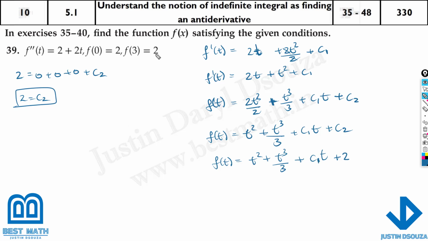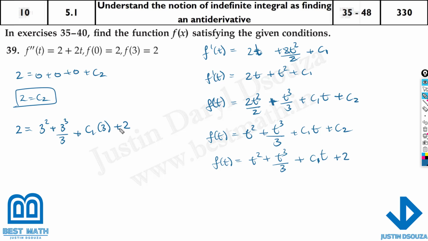Now I will substitute the next given condition. This condition says x is 3, or the t value over here is 3, and the final value will be 2. So it's 2 is equal to 3 power 2 plus 3 cube by 3 plus c1 times 3 plus 2.